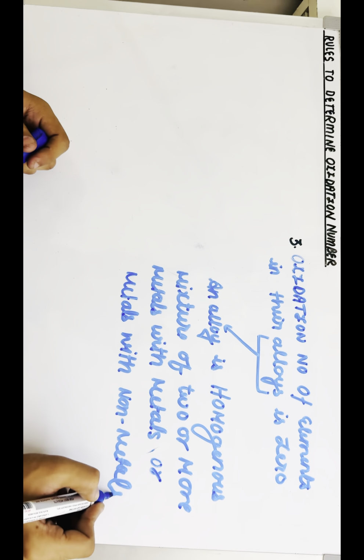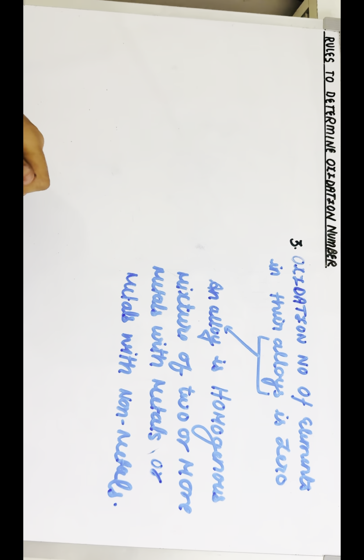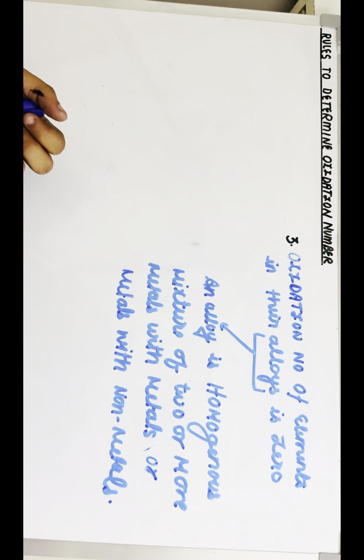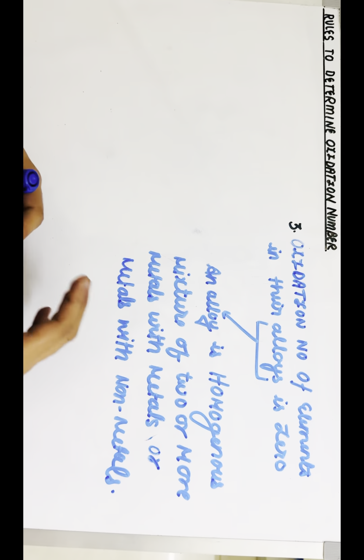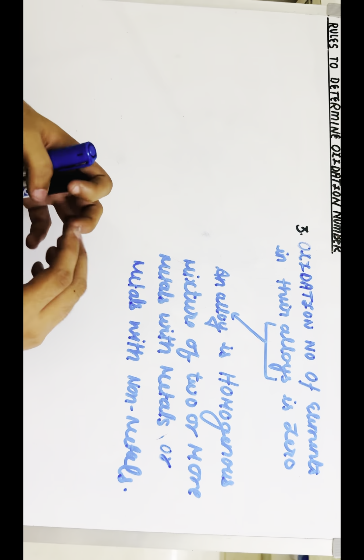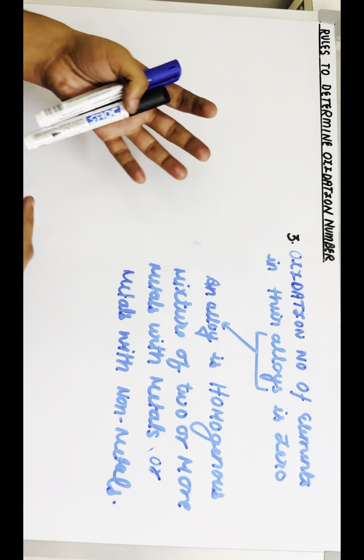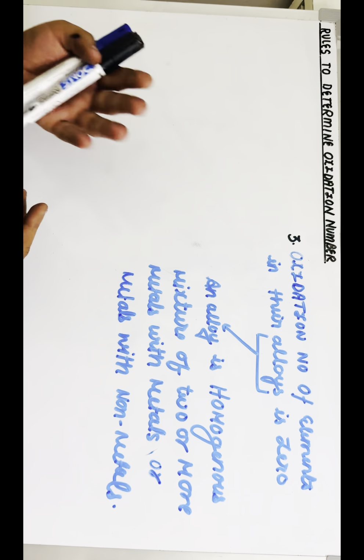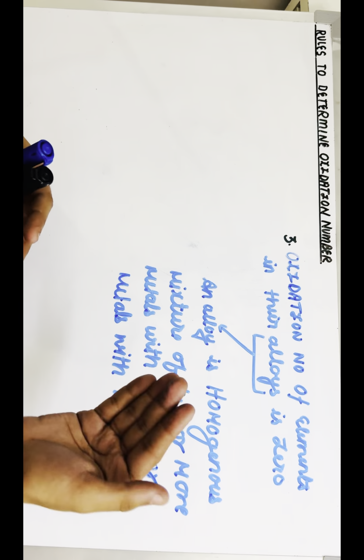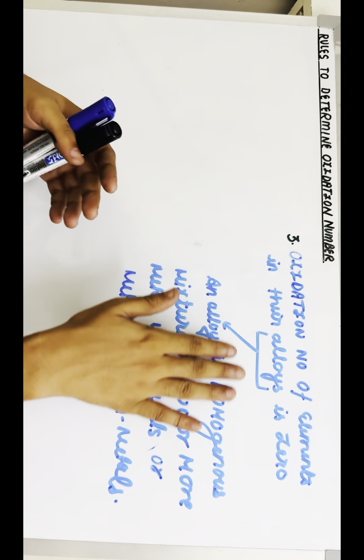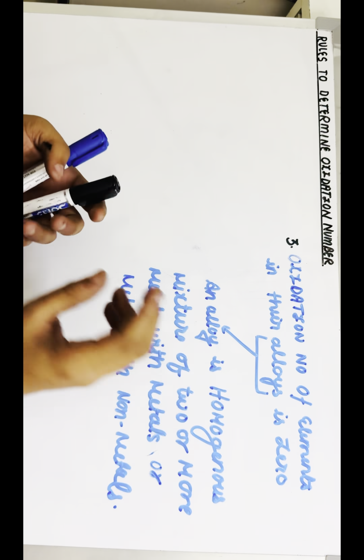An alloy is a homogeneous mixture of two or more metals with metals, or metals with non-metals. Homo means same. It means the bond would be between metal and metal, or between metal and non-metal. In the cases of alloys, the oxidation number will be 0.